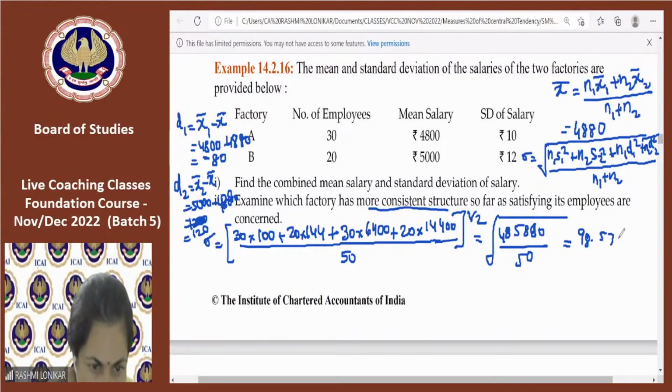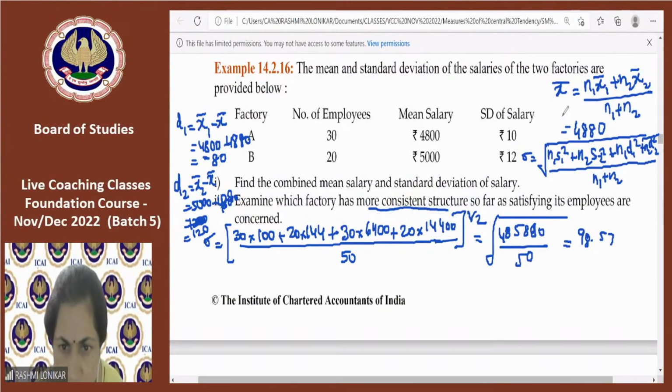No, there is something. This addition is not correct.